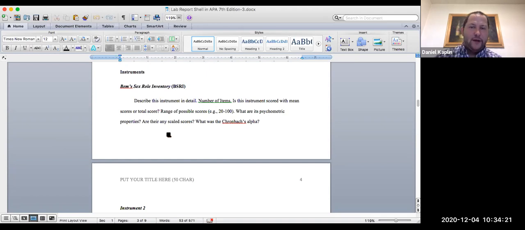There are 20 items for each of these subcategories, and then you would talk about the Cronbach's alpha or the reliability. You would say this instrument demonstrates adequate internal consistency reliability, because it has a Cronbach's alpha of 0.7 and above. So that would be how you describe it.